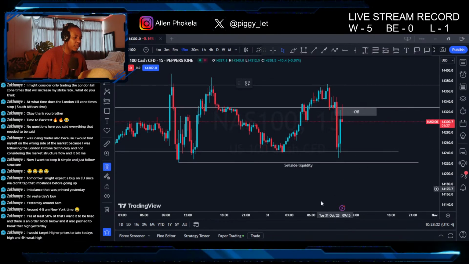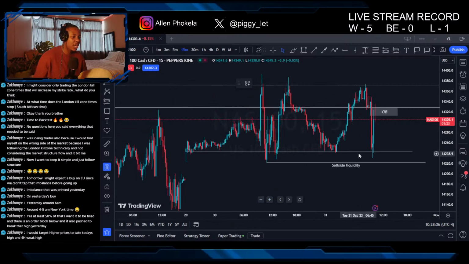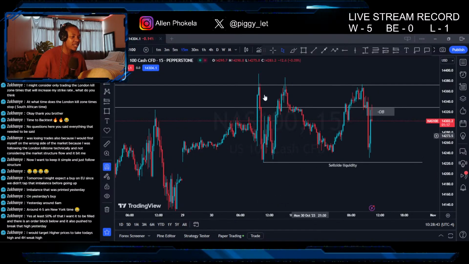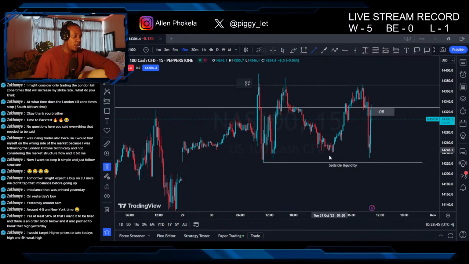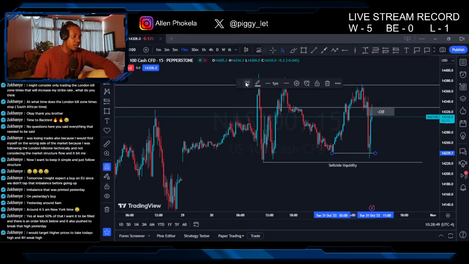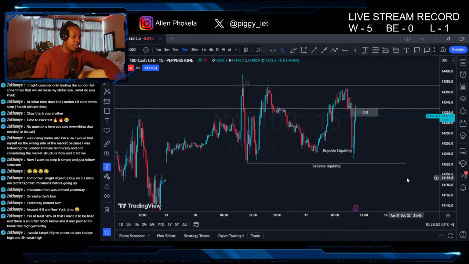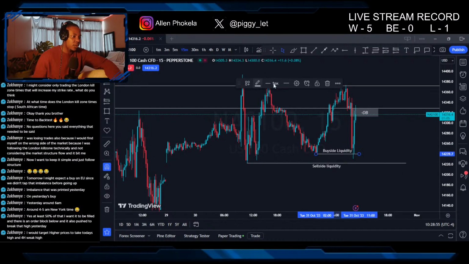We took out sell side, and then we're in an order block. Now the question is, are we gonna go down and take out this sell side liquidity, or are we just gonna go for buy side liquidity from here on? So that is the question.